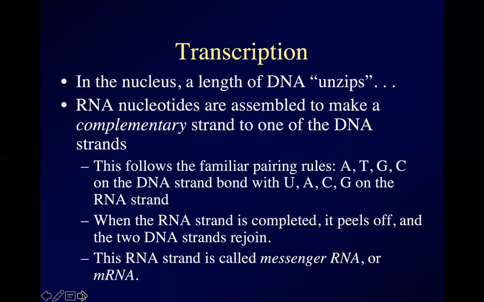If you have a T on the DNA strand, it will match with an A, sorry, on the RNA strand. And then G on the DNA will pair with a C on the RNA, and C will pair with G. So when the RNA strand is completed, it peels off, and the two DNA strands can come back together and form that double helix again. And that RNA strand is called messenger RNA, which we usually abbreviate as mRNA.